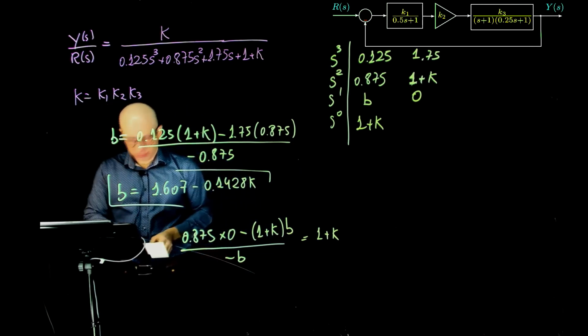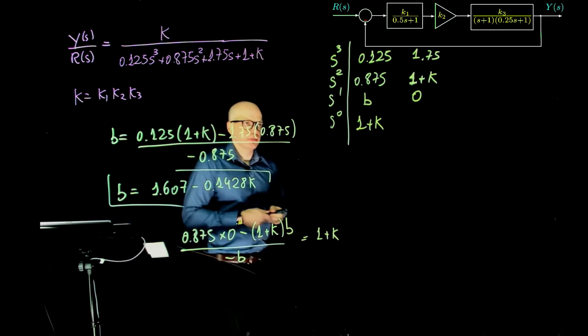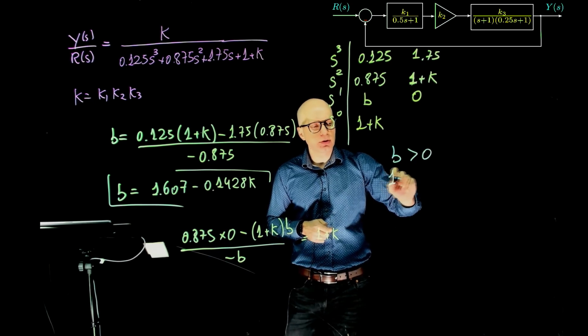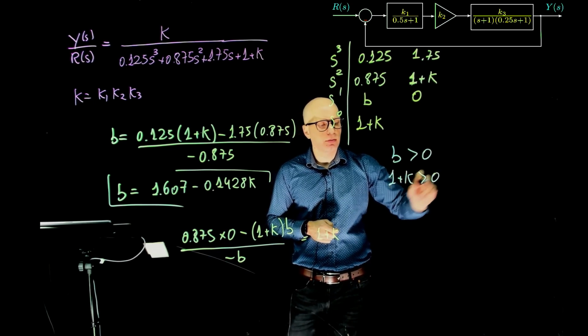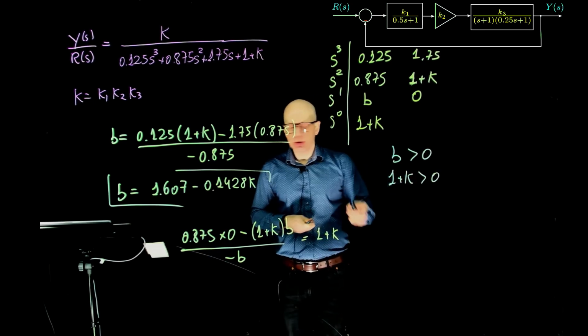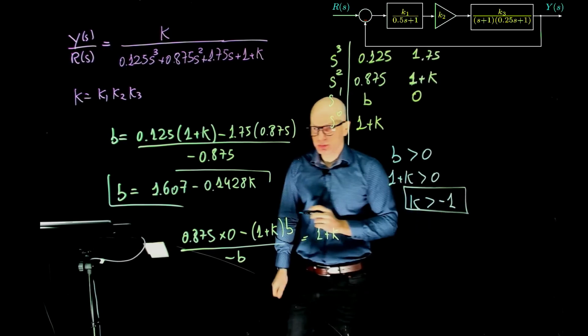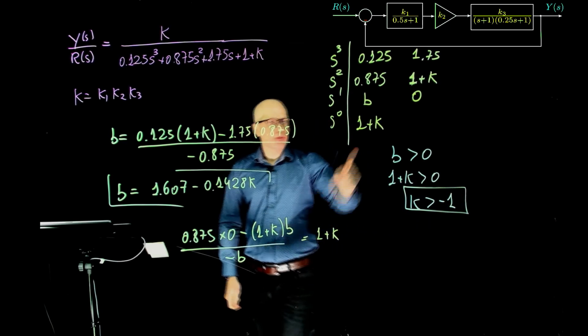B bigger than 0 and 1 plus K bigger than 0. Correct. B must be greater than 0, and so does 1 plus K. So from this condition, we can see that K must be greater than negative 1.